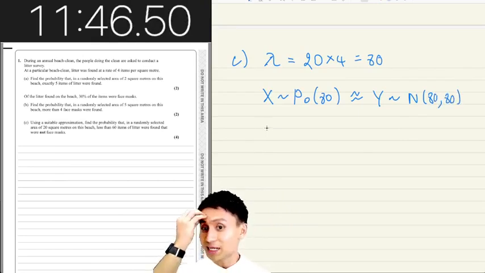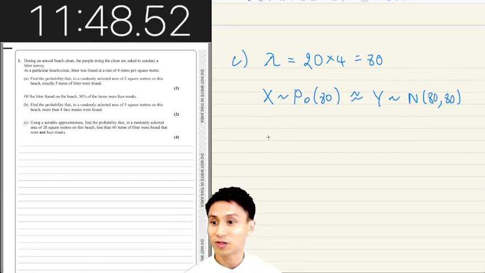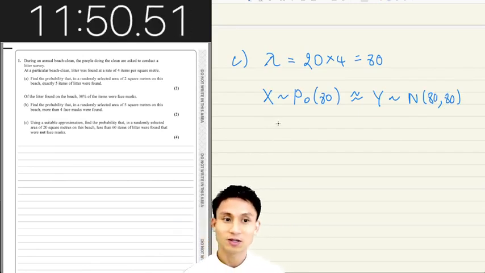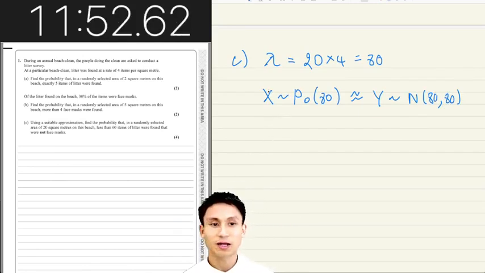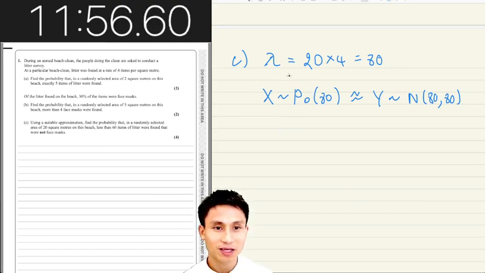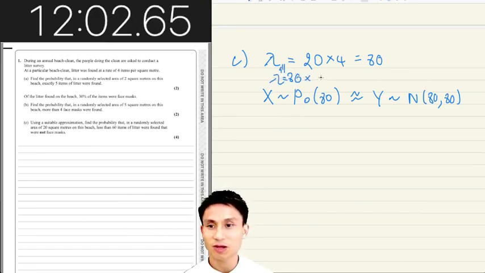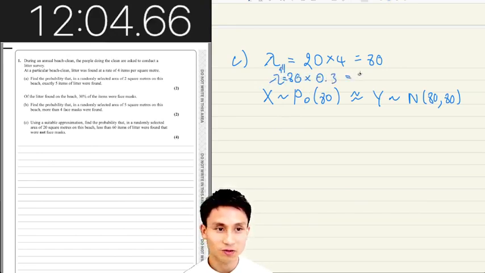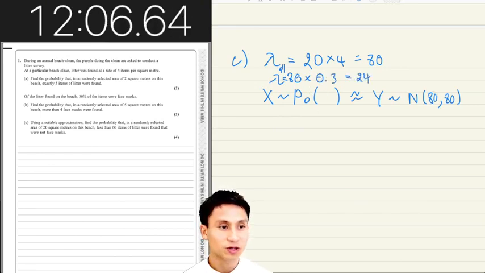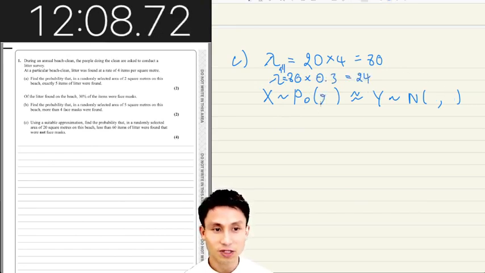Less than 60 items, all right, were found that were not face masks. So, again, this is face mask. So we're going to have to multiply. Okay, this is all again. So the actual lambda would be 80 multiplied by 0.3, right? So that would be 24. So we're going to use 24 instead here. I'm just going to take my chances.